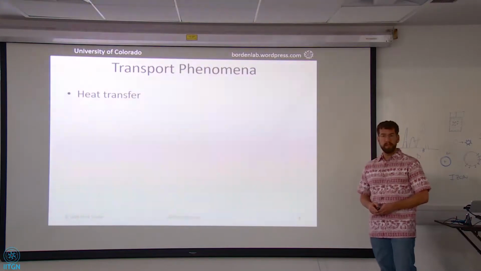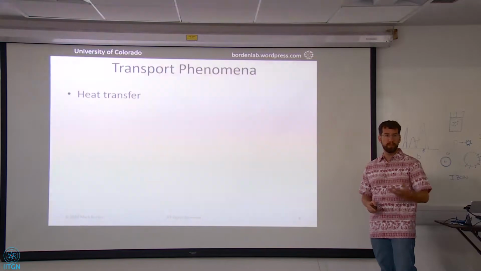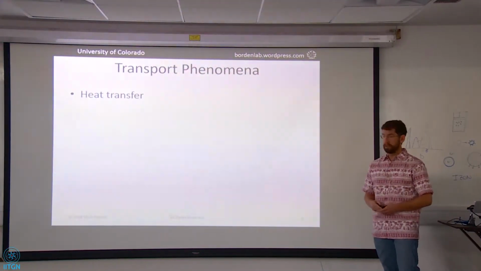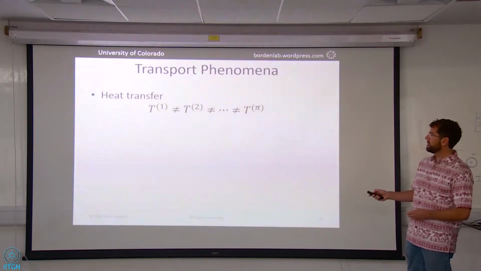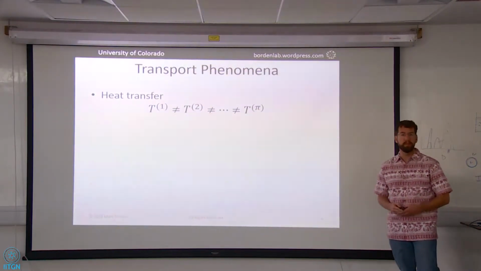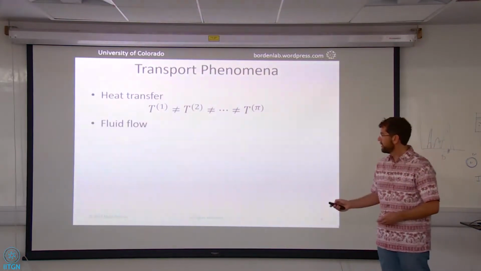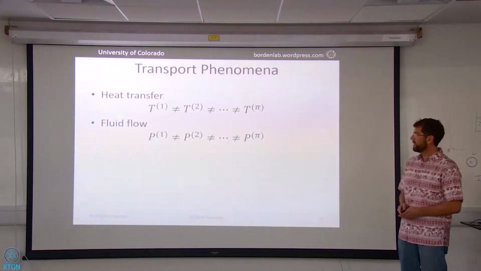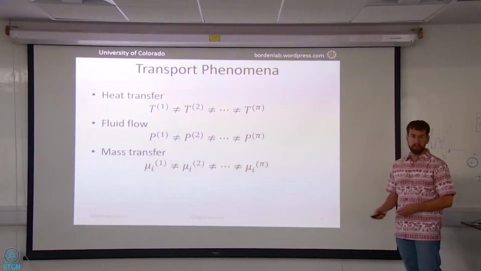Okay, so it's kind of interesting to look at these different potential gradients: temperature, pressure, and chemical potential. You'll get heat transfer when you have a temperature gradient. That is, when these temperatures are not equal, right? Then you'll have heat transfer, energy transfer in the form of heat. You have fluid flow if there's a pressure gradient, and you'll have mass transfer if there's a chemical potential gradient.